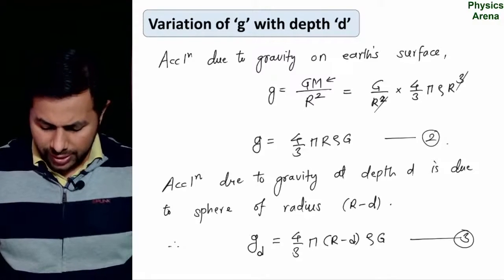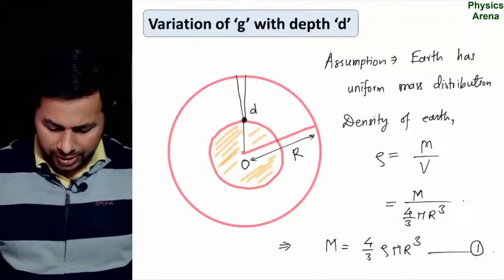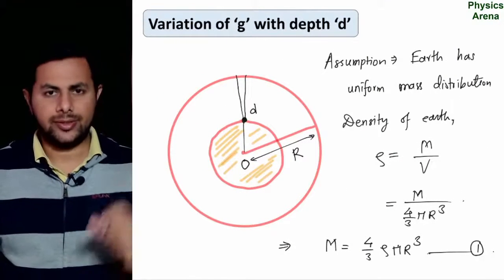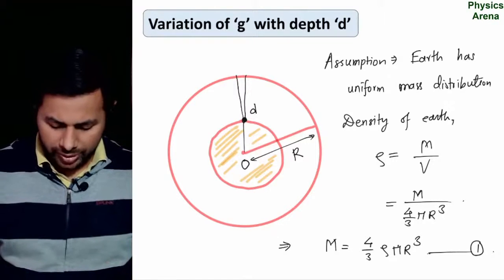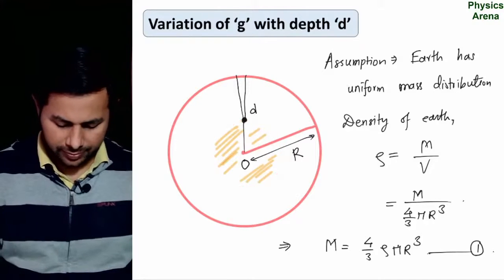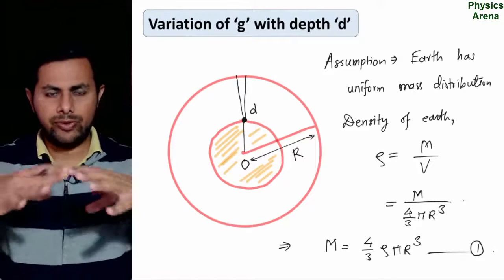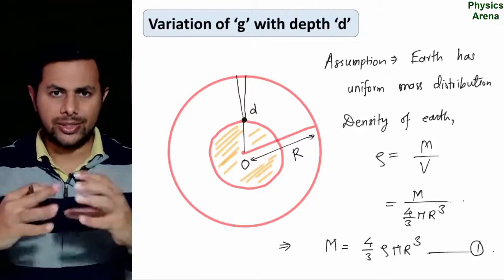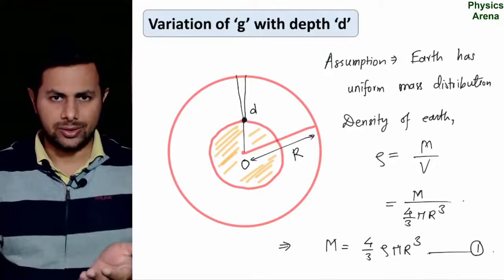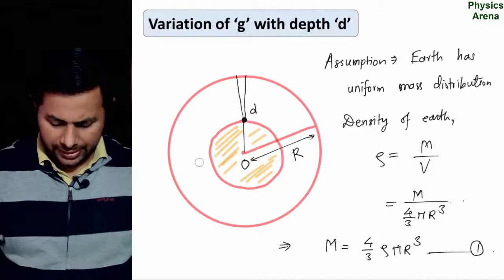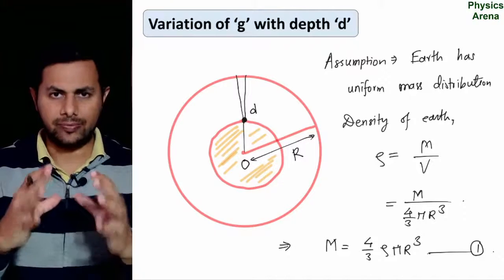This formula is 4 by 3 pi r rho G, and acceleration due to gravity inside the Earth's surface at depth d, we argued that it will be due to this inner sphere only. The outer part of Earth will not play any role, it will not exert any gravitational force on an object which is inside the Earth's surface. So the acceleration due to gravity will be due to this inner sphere of radius r minus d.